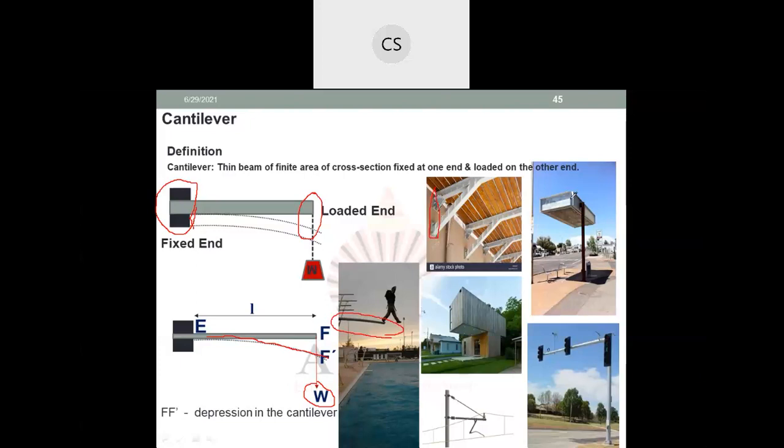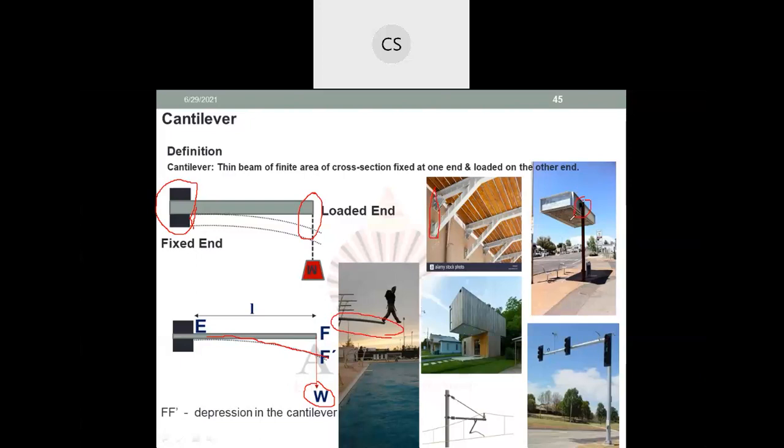Similarly, in a bus stop or waiting shed, you can see a single pillar to which the roof is attached. There is no other support. So this end is fixed and the other end is loaded. This is possible using a cantilever.